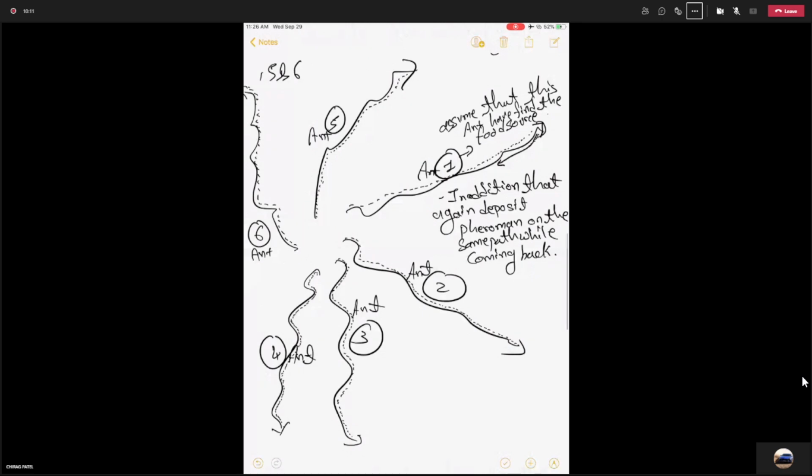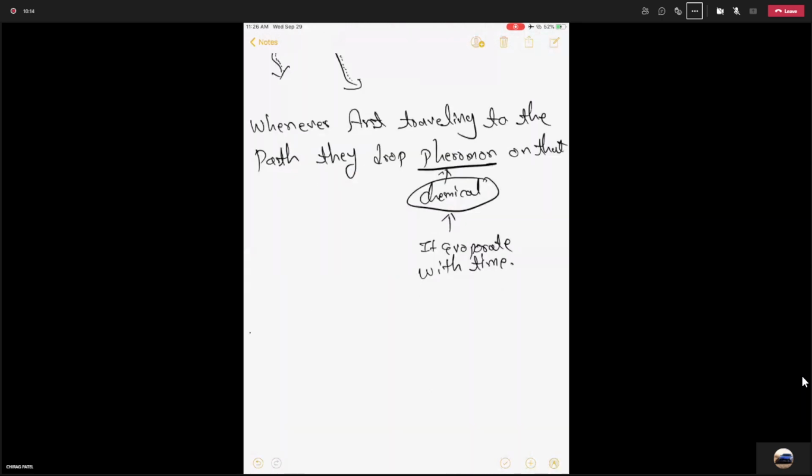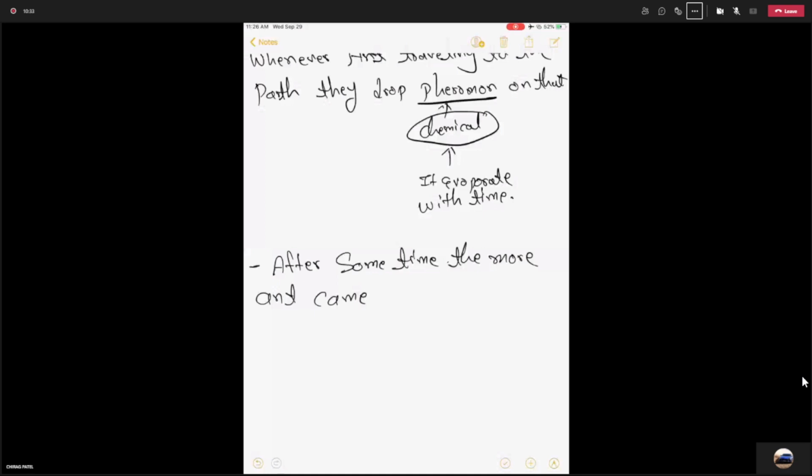Now, after some time, this ant came, and assume that this ant follows any path randomly, right? So we introduce 4 more ants, 7, 8, 9 and 10. These are the 4 more ants, right?